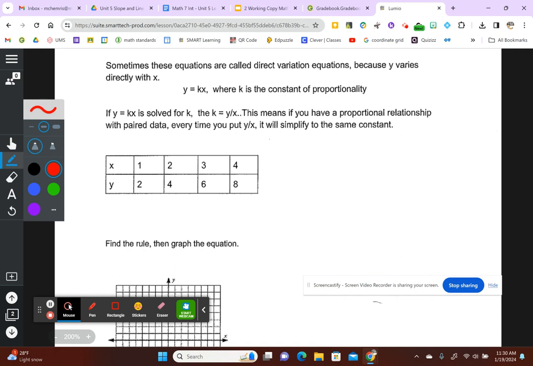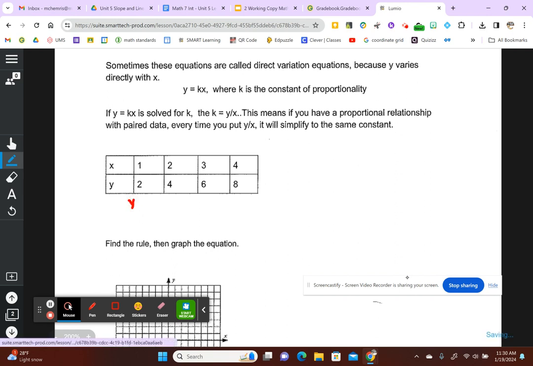So if they give you a bunch of data, giving you ordered pairs x and y, and you want to know if it represents a proportional relationship, all you have to do is put y over x. And if every time you put y over x, it's the same value, then you can say, yes, it's a proportional relationship.